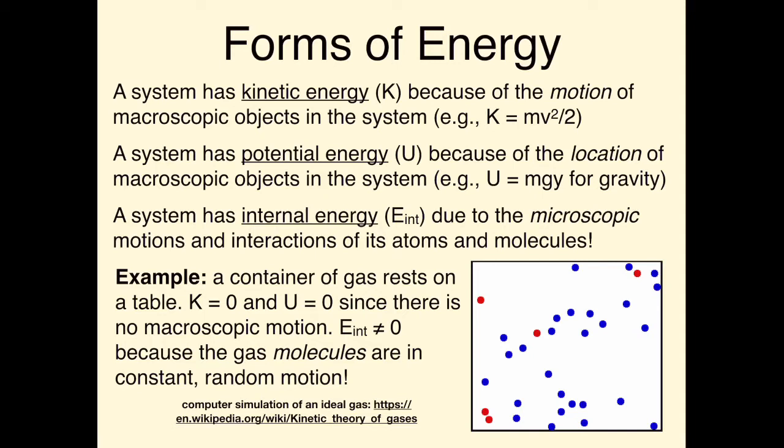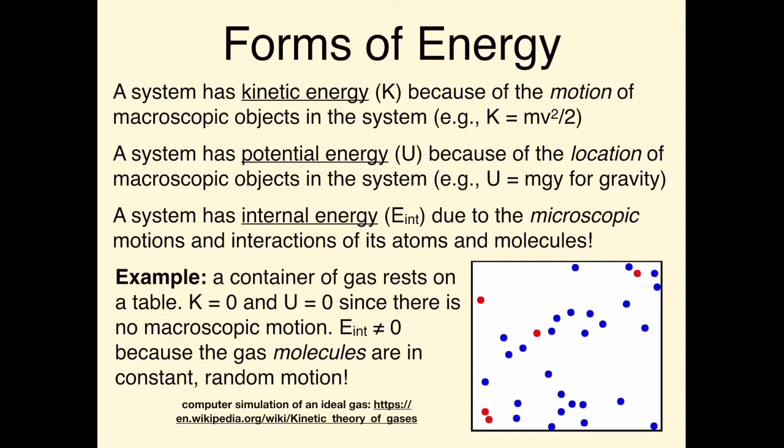U is the variable that we use for potential energy, and y in this formula represents height, so how high off the ground a particular object is. If we go back to the example of the baseball, if I throw it across the room, the higher the baseball is above the ground, the more potential energy it has. And the lower it is, the less potential energy it has. But in general, potential energy depends on location, on where things are positioned in your system.